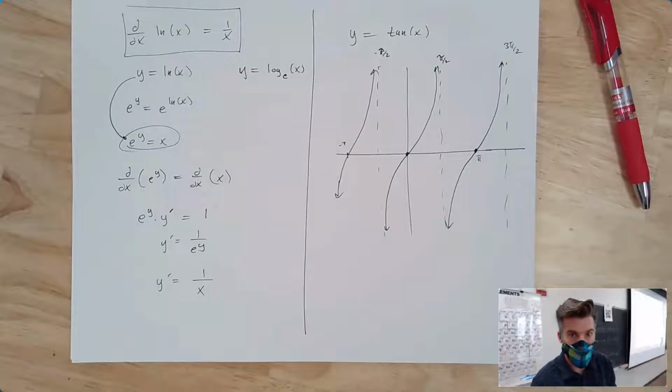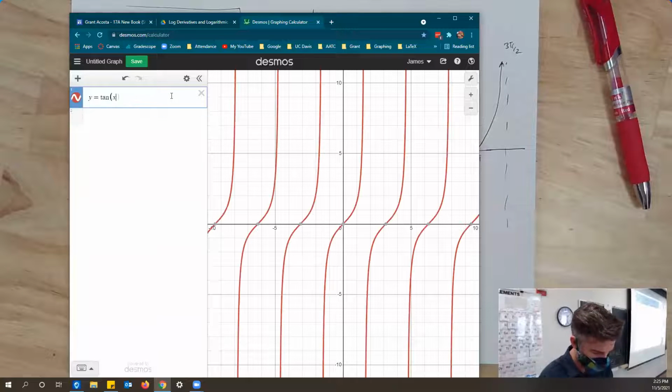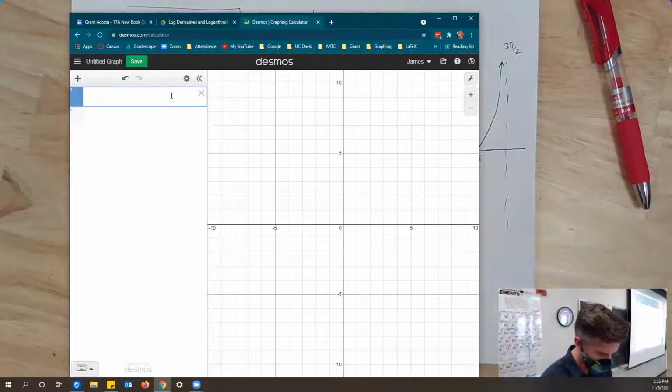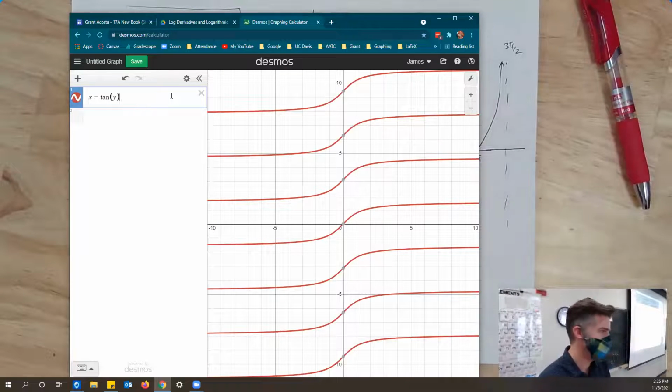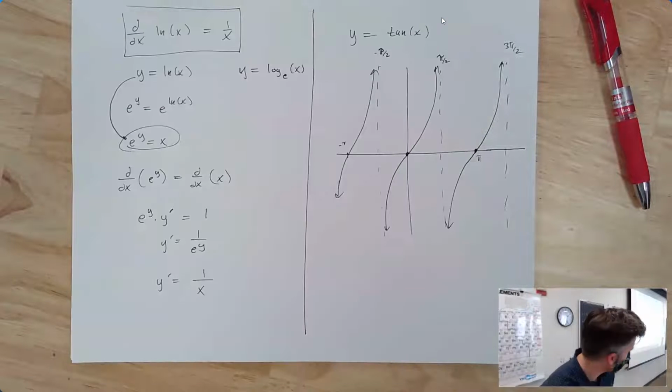So, here's good old y equal to tangent of x, looking lovely as it does. And here's the inverse relationship. That's not a function, that's a problem. And the way we solve this problem is by restricting the domain of tangent.